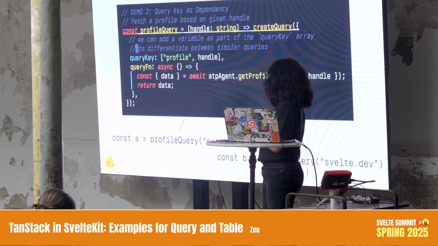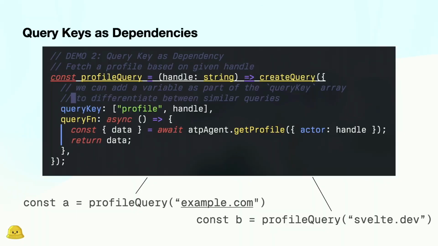Now, as I said earlier, you can have multiple queries throughout your application. A lot of them are probably going to be very similar. So in this case, we have a profile query, and we want to just get different profiles based on different handles. But it's the same thing, right?